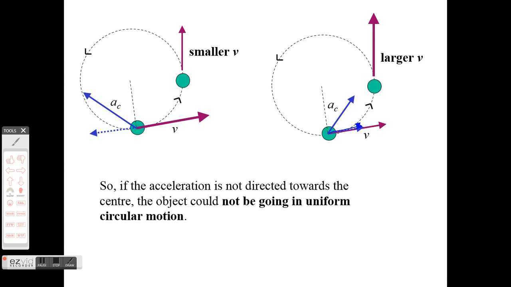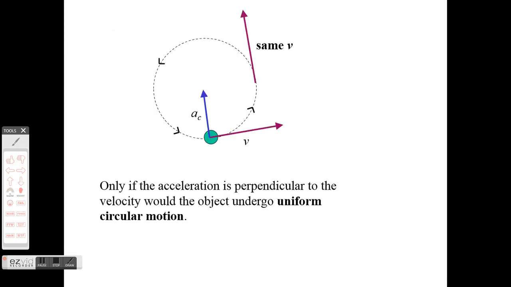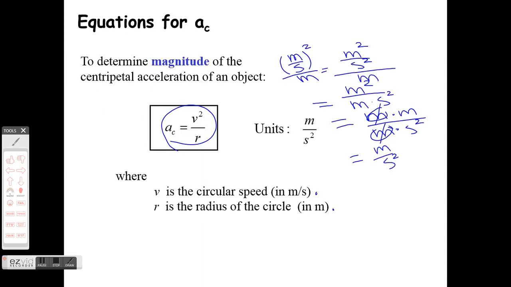All right, so a couple equations here we should look at. First of all, this is the one on your formula sheet, where the centripetal acceleration is equal to the circular speed squared divided by the radius of the circle.